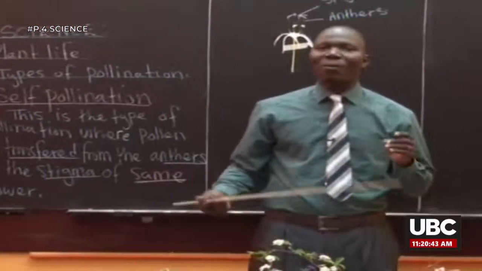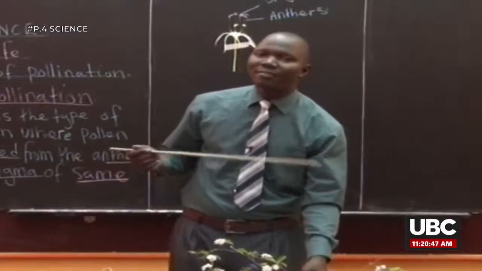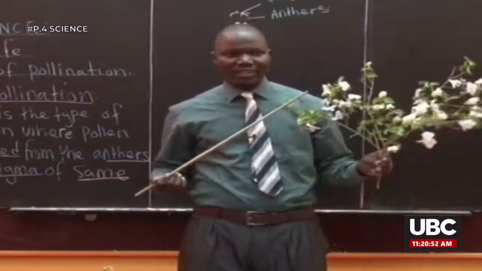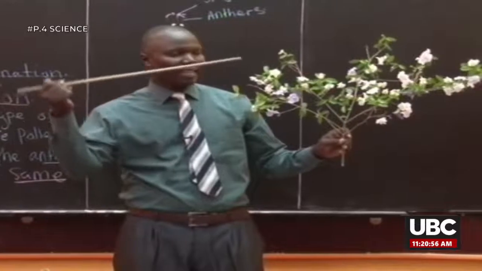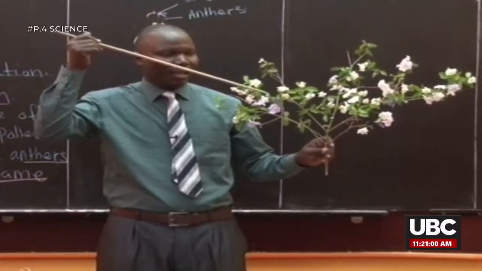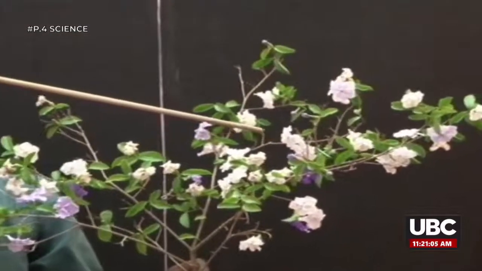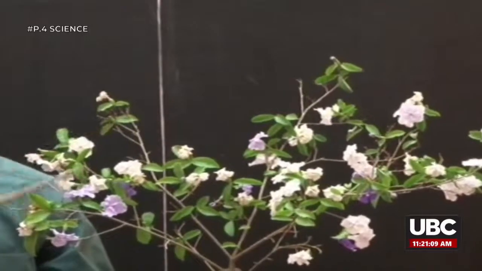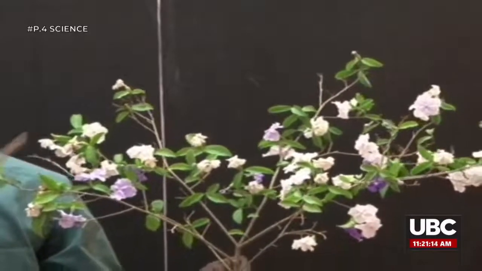Now, once it moves from one flower to another, children, I bring in another scenario. Once the insect has fallen on this flower, it is flying. Are we seeing our insect flying? And it has gone on to this flower. Once that happens, another type of pollination happens.